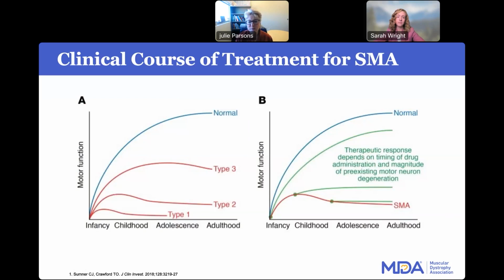In graph B, we ask: if we intervene with a disease-modifying therapy, are we able to not normalize, but alter the loss of motor function in these patients? Certainly the earlier we treat patients, for instance in infancy for those identified on newborn screen, the better the outcomes, because we're preventing the loss of more motor neurons. Next slide.